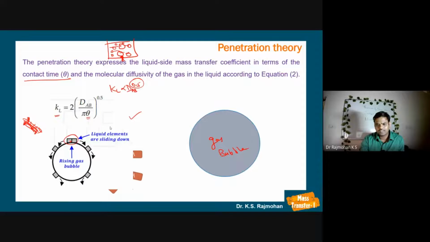So some of the A is getting into the solution. So this is at the top, then it slides down and gets back into the solution. Initially you have a concentration of A, so the particle goes here and the interaction takes place. This gas interacts with this liquid, and mass transfer can take place either way. So that is the interface here.